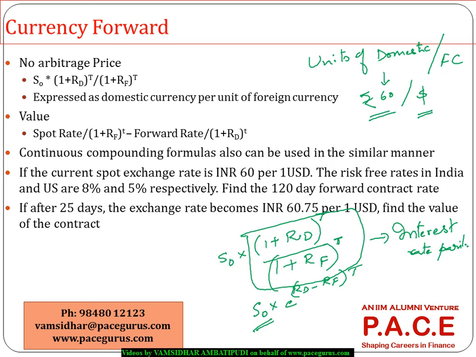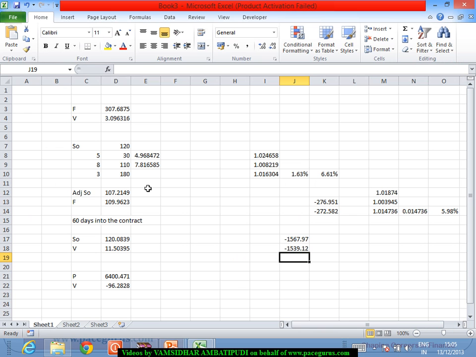between the two countries. So going with that numerical calculation, if the spot exchange rate is 60 rupees per dollar and the risk free rates in India and US are 8% and 5% respectively, find the 120-day forward contract.